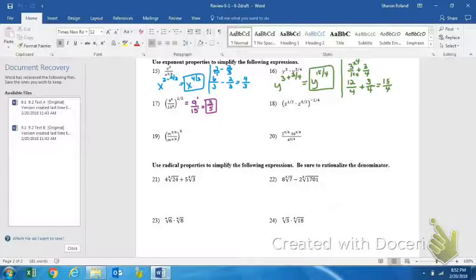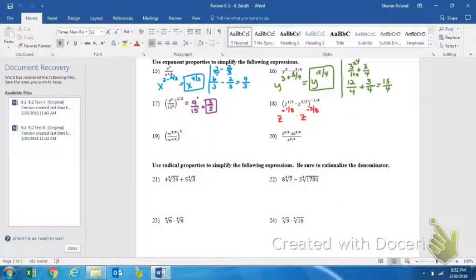Number 18, again, we have exponents to exponents. This is going to be z to the 1/2 times negative 1/4, which is negative 1/8, times z to the 3 over 2 times negative 1/4, which is negative 3 over 8.